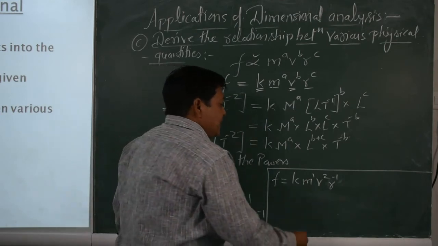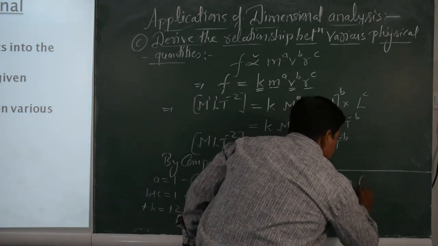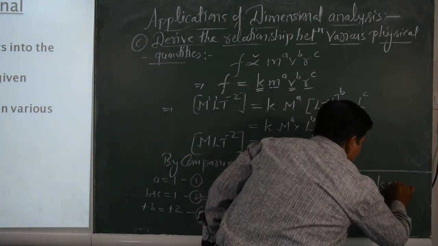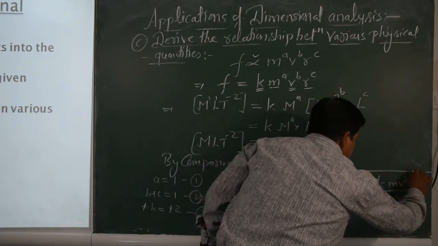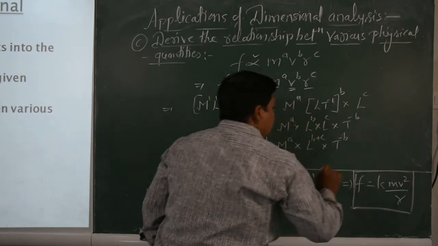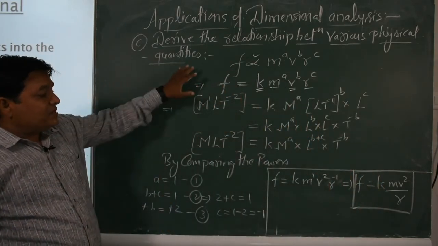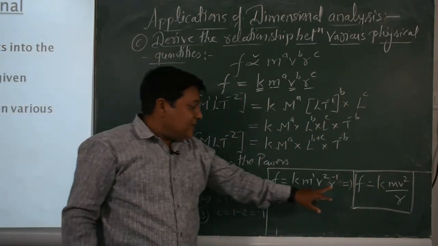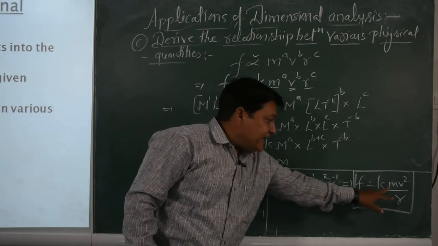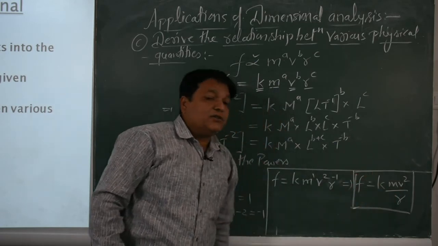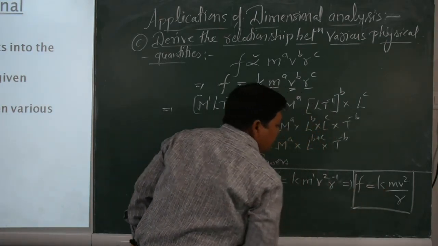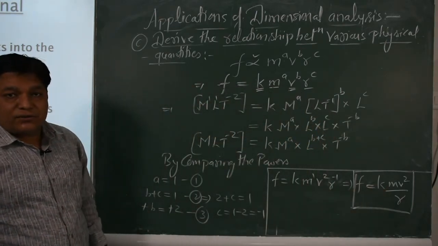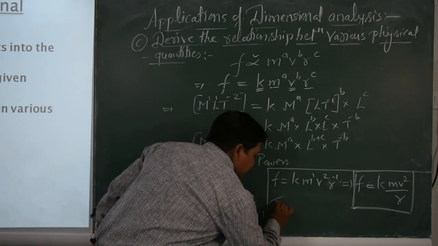It means that force F is equal to k into m v square upon r. So by using this dimensional formula, we got this relation F is equal to constant k into m v square upon r. So force F is equal to m v square upon r. What is this actually? This is a centripetal force. Okay. So this is centripetal force.